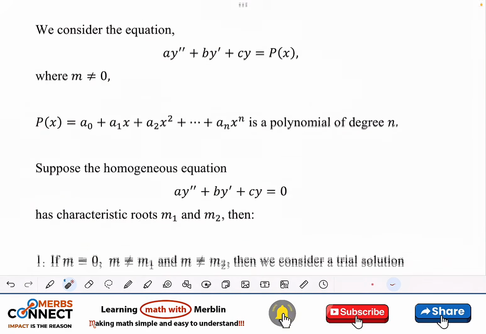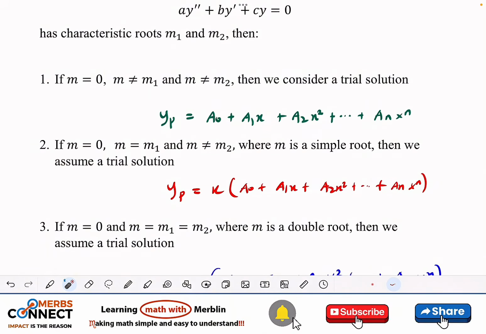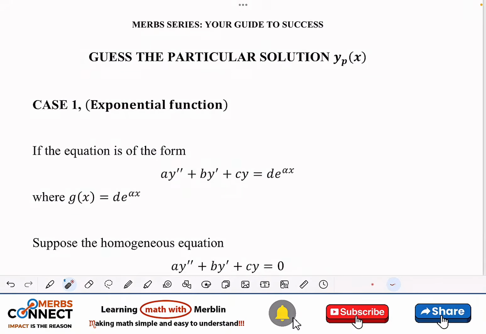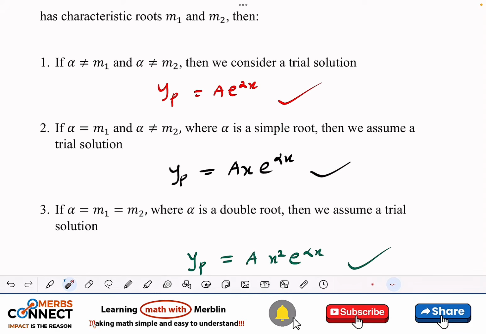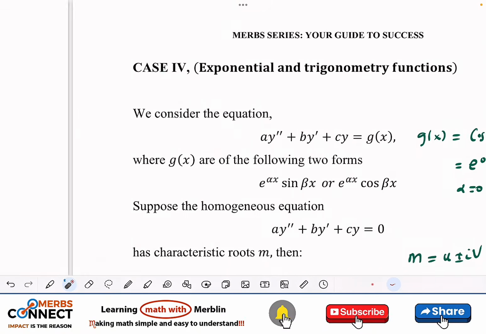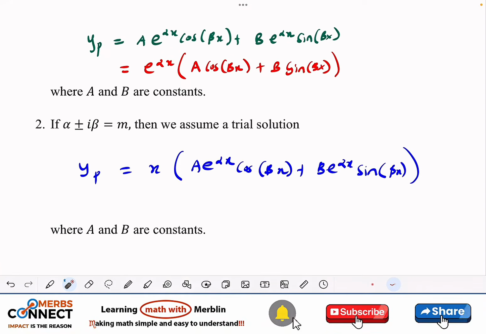The same thing applies to this. Just remember this. The rest is just multiplying by x and x squared as it goes. And the same thing applies to the exponential function too. So yes, this will help us to solve all the guesses.